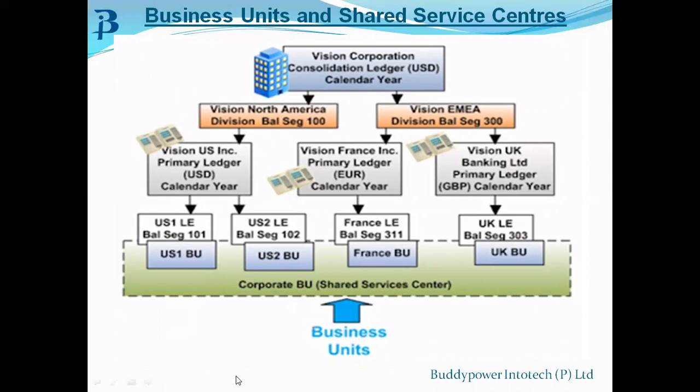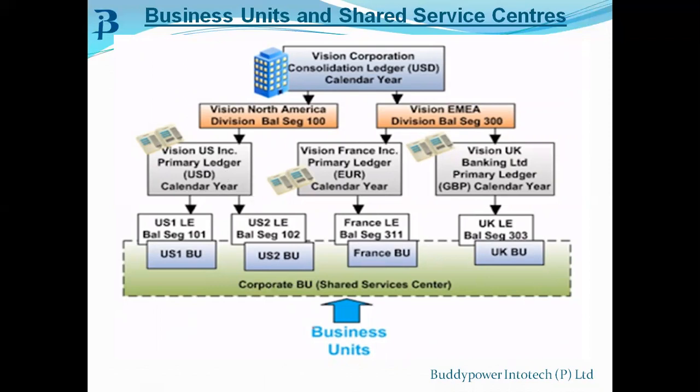Transactions of all your legal entities are then recorded to a primary ledger for all your statutory reporting. A business unit can perform many business functions in the Oracle Fusion applications.